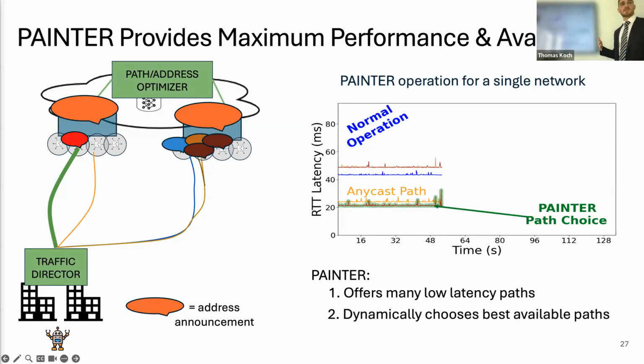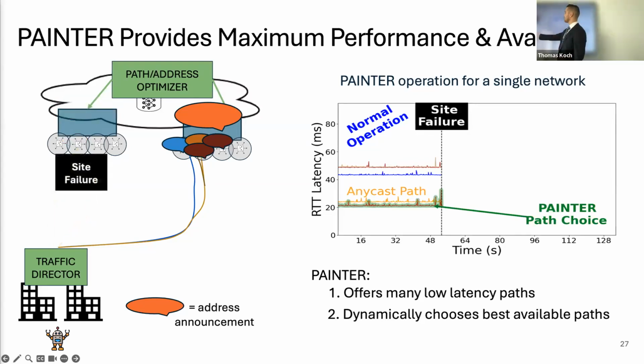But then what I did at a certain point is I simulated a site failure. So the site that this traffic director was visiting fails, and those addresses no longer became available. Well, remember I said that Anycast is reliable. It eventually reroutes the client to a different site.